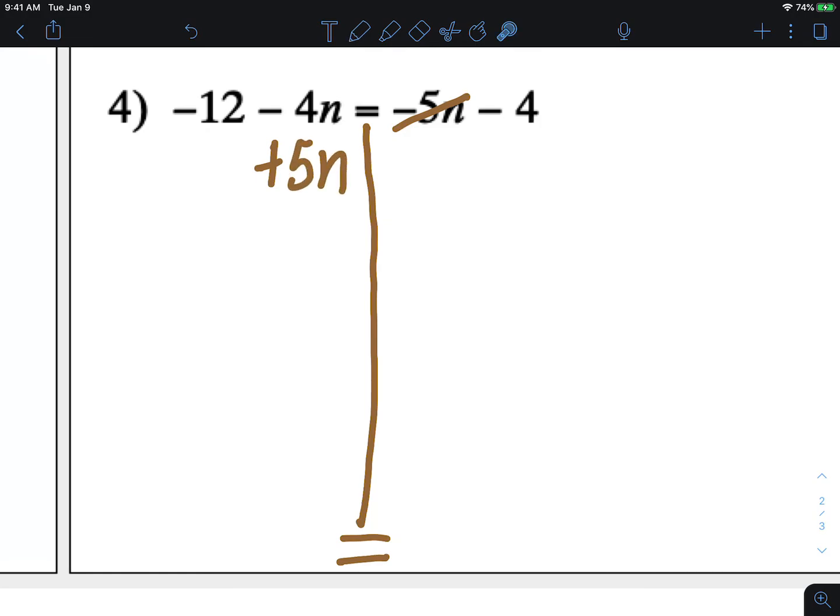So if my n's are on the left side here, my n comes down. That means my n's are on the left side, my numbers are going to be on the right side. So I'm going to take this minus 12, excuse me, and I'm going to bring it over to this side, and I'm going to call it plus 12.